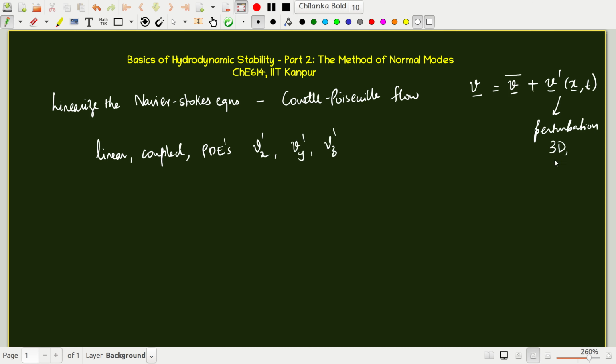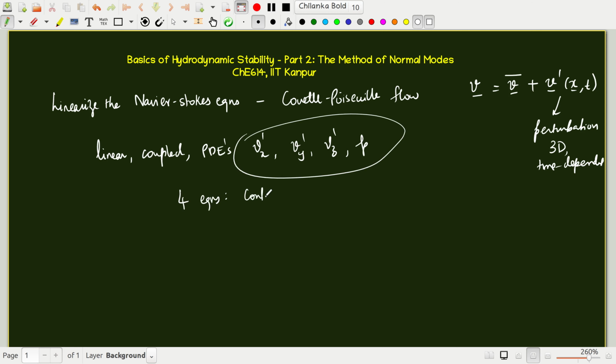Perturbations are three-dimensional and time dependent in general. And of course you have the pressure, and these are the four unknowns, and you have four equations, partial differential equations: the continuity equation or the mass conservation equation, the x, y, and z momentum equations.